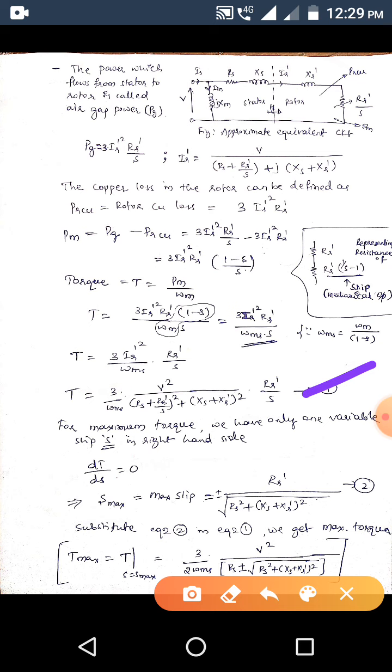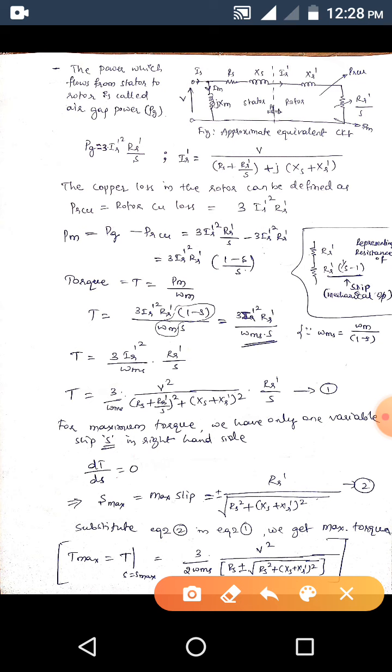Then for maximum torque we have only one variable, that is slip, as I said. So in this circuit, or in this current equation, the rotor resistance R dash, and X dash and Xr dash are the fixed variables in the electrical drives. Only variable is slip here.